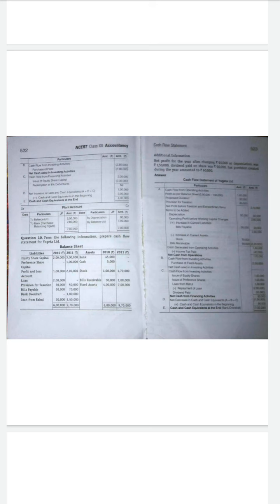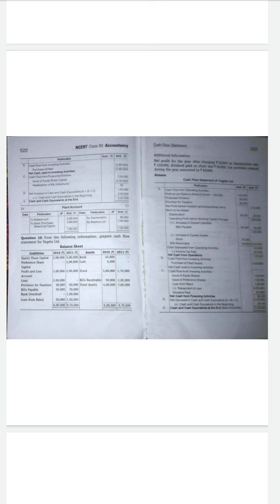There is a loan of 2 lakhs in 2010, but in 2011 there is no amount in that column. So what is the meaning of that? The amount of 2 lakhs is repaid to the person from whom it was borrowed.